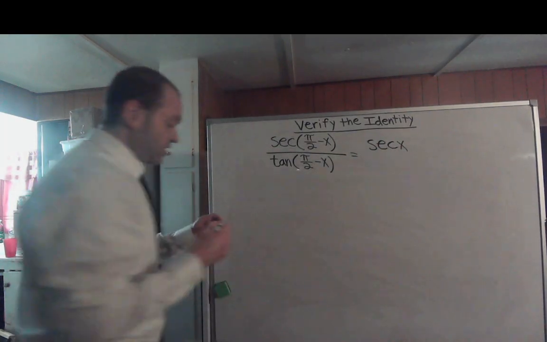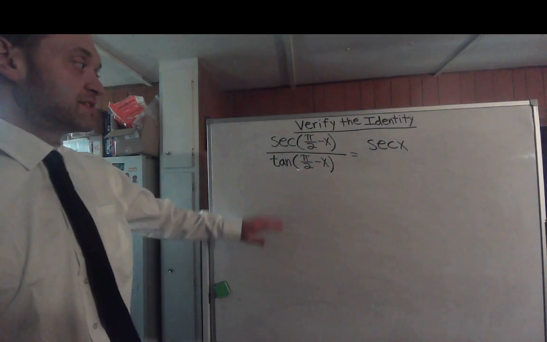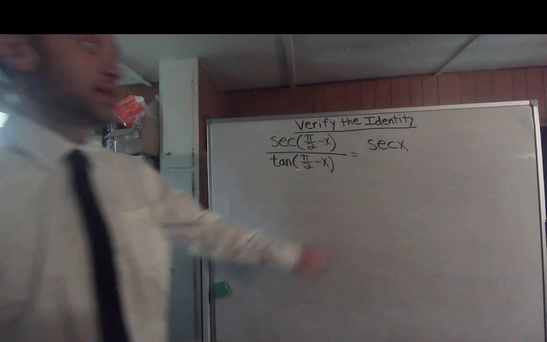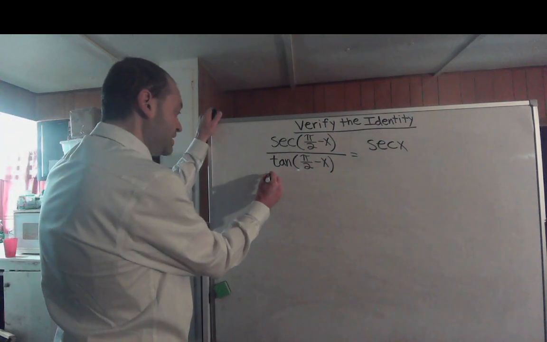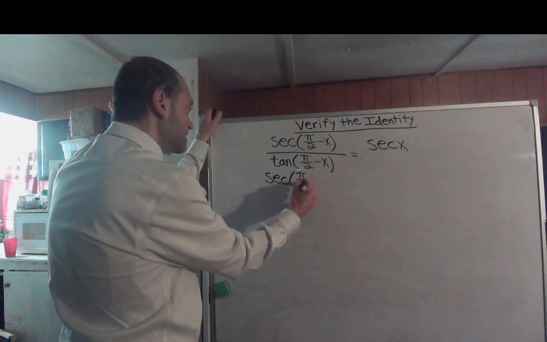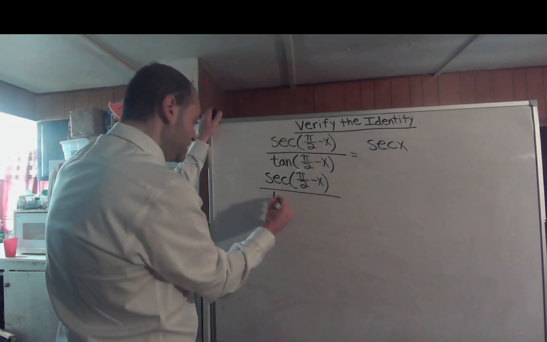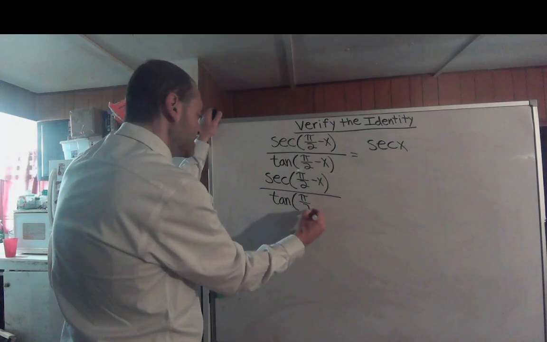So we have to verify that the secant of the quantity of pi over 2 minus x divided by the tangent of the quantity of pi over 2 minus x is equal to the secant of x. So let's write out that left-hand side here real quick. Secant of pi over 2 minus x all over the tangent of pi over 2 minus x.